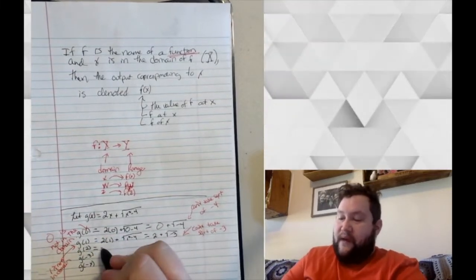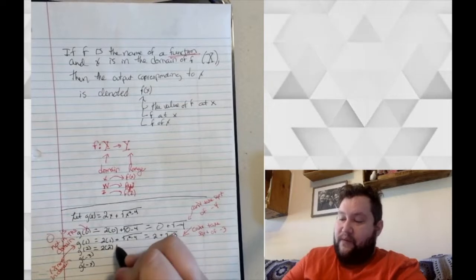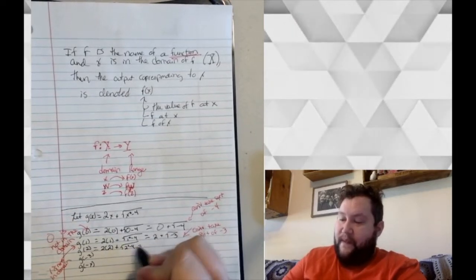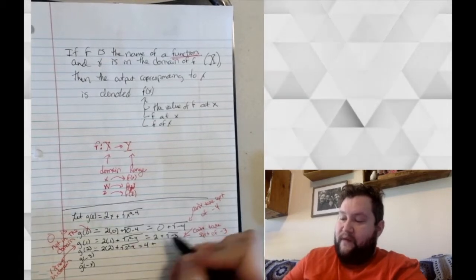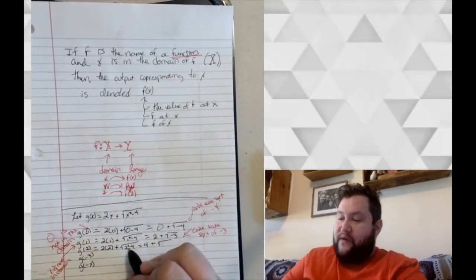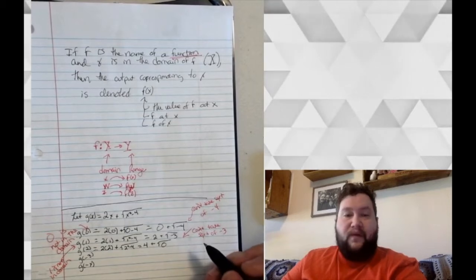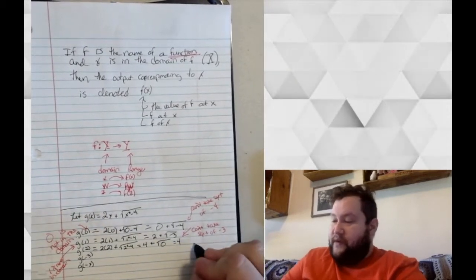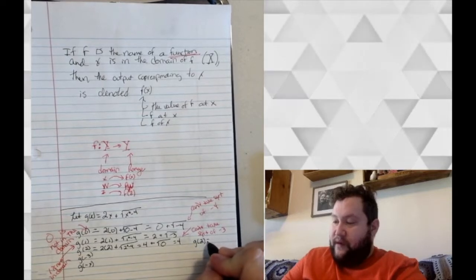So at 2, we get 2 times 2 plus the square root of 2 squared minus 4. Well, 2 times 2 is 4 plus the square root of 2 squared is 4 minus 4 is 0. Well, 0 times 0 is 0, and so we're left with 4. So g of 2 equals 4.